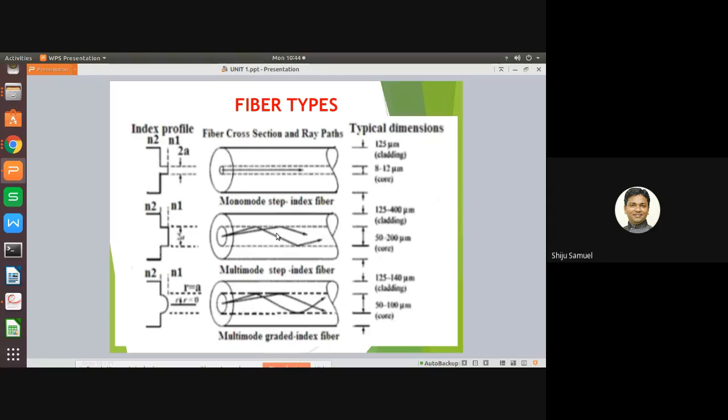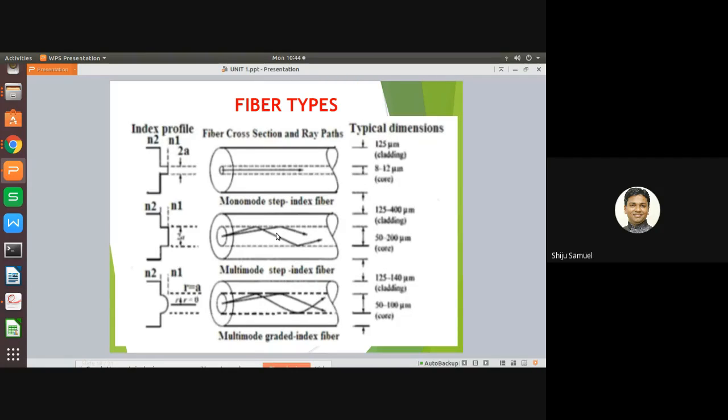If you are observing the cladding part, it is 125 micrometer to 400 micrometer. Again, here its distance also we measure as 2a only.